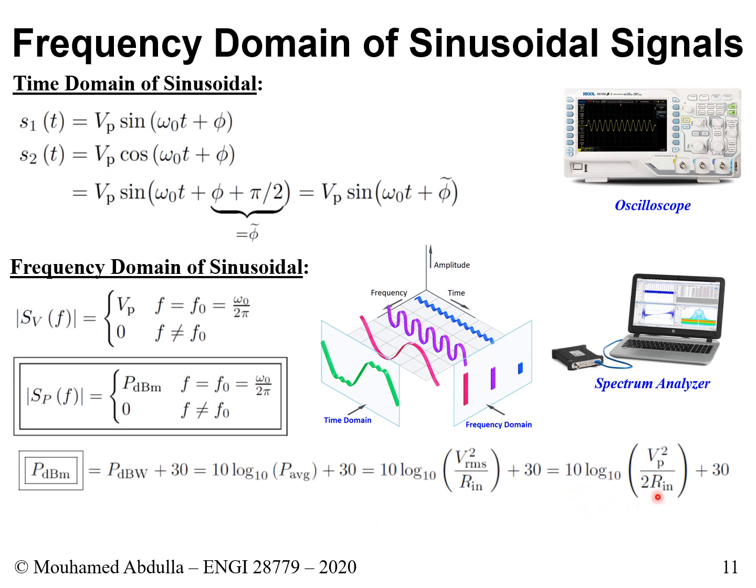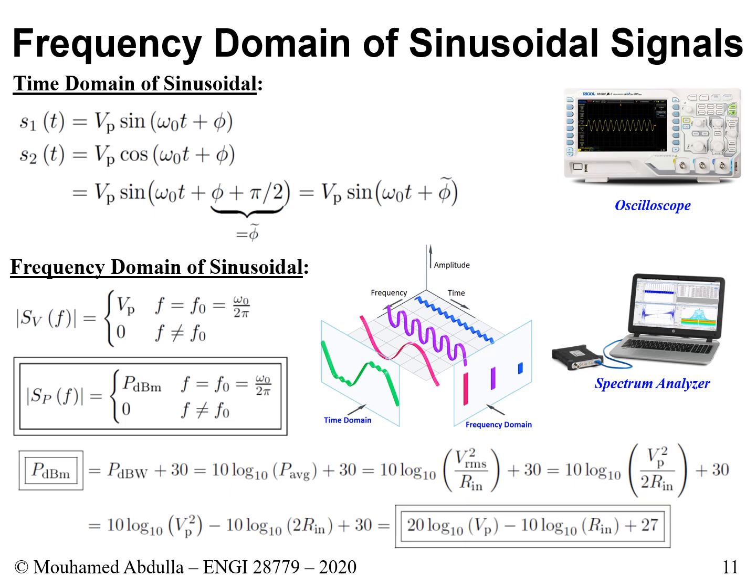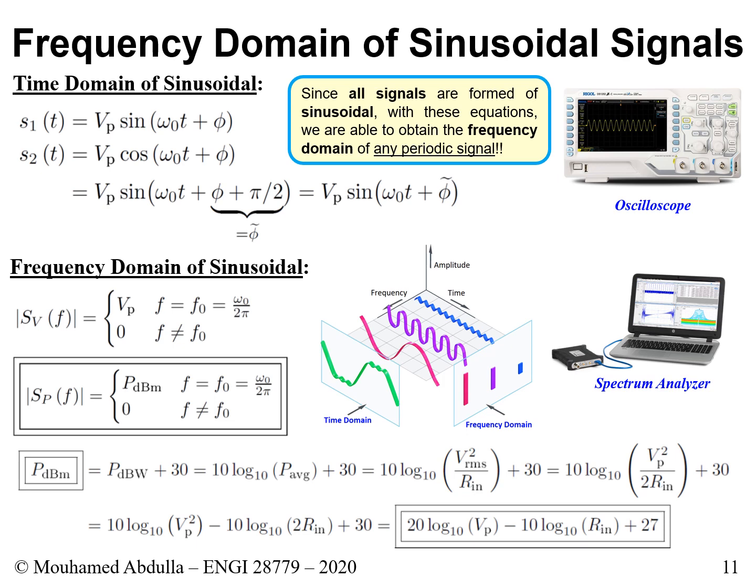So this is a logarithmic, and if you recall, when you divide inside a log, you subtract. So we could just rewrite it as such. Essentially, we take 10 log 10 of V peak squared minus 2Rn plus 30, and you could actually get rid of the 2.